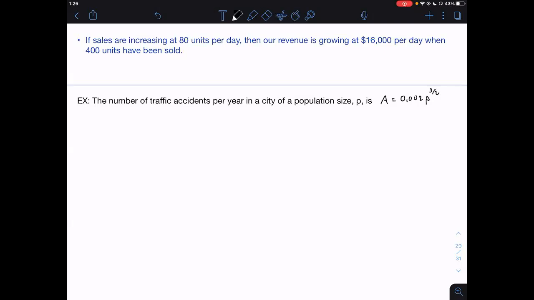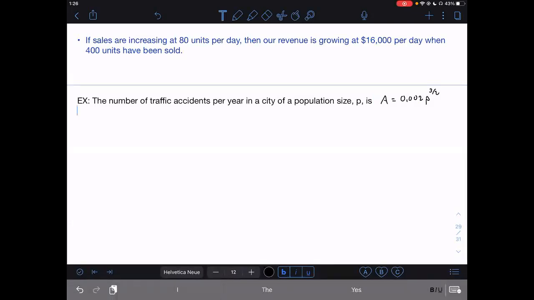So the number of accidents per year for a city of population P can be defined through this equation here. Now let's suppose that the population of the city is growing at a rate of 500 people per year.